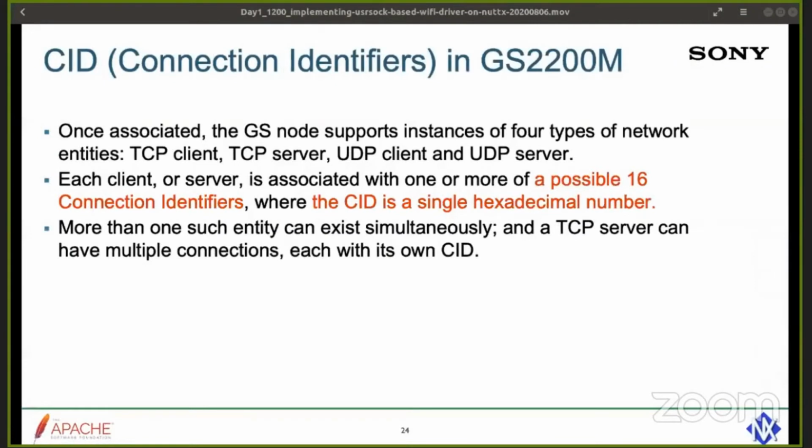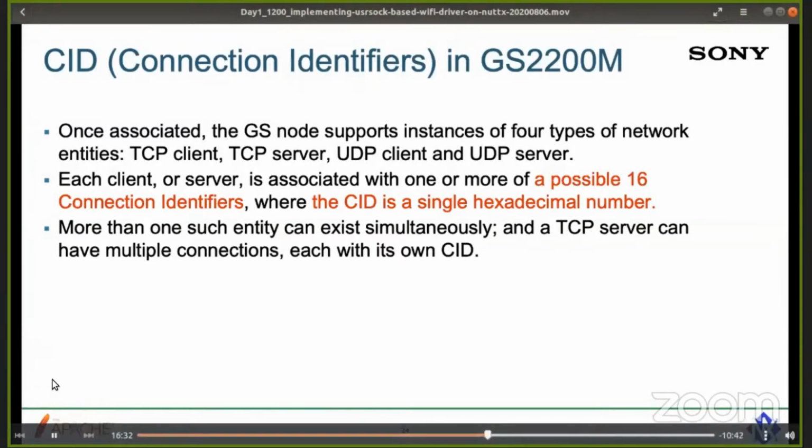So here I need to explain more about CID, which is the connection identifier. CID stands for connection ID, which is used in GS2200M to distinguish a network connection. It supports up to 16 connections and is represented in a hexadecimal number.